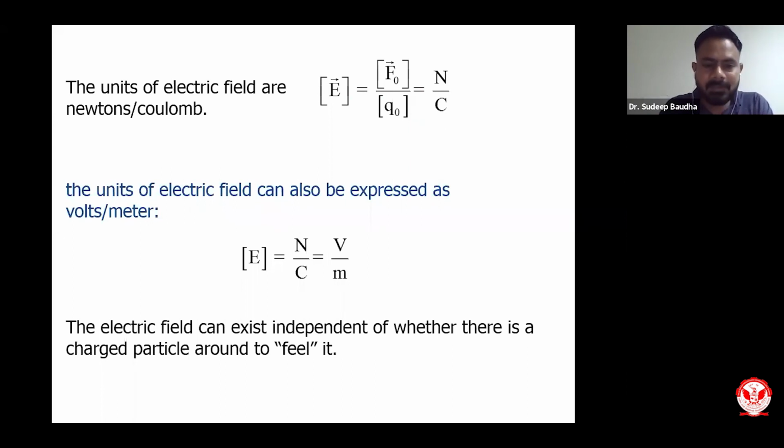Now, electric field can exist independent of whether there is a charged particle around to feel it or not. That is very interesting. Even if I don't have a test charge kept near the charge, that particular charged particle will still produce some amount of force.